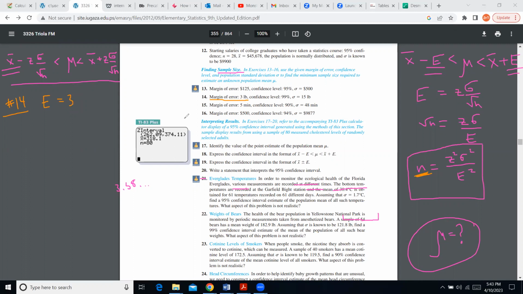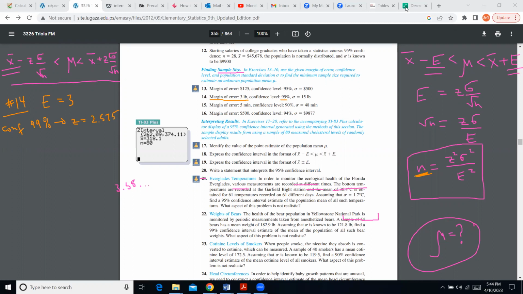So in this case, they say, what if the error is 3 pounds? The level of confidence is 99%. So you want to be pretty confident here. I believe that this corresponds to a z-score of 2.575. I think you already had that on the quiz last week, right?